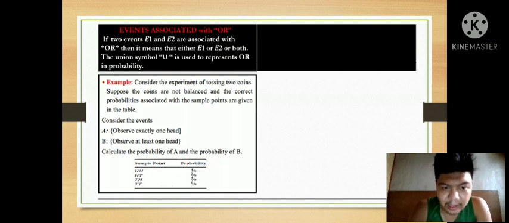Next, head and tail, the probability is 2 over 9. Tail and head, the probability is 2 over 9. The last one is tail and tail, the probability is 1 over 9.